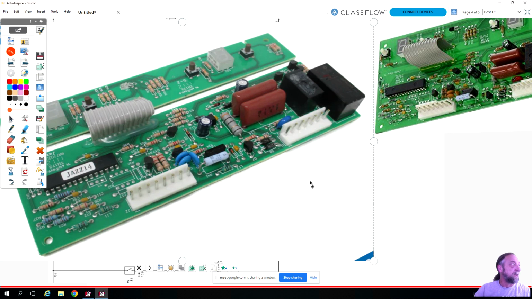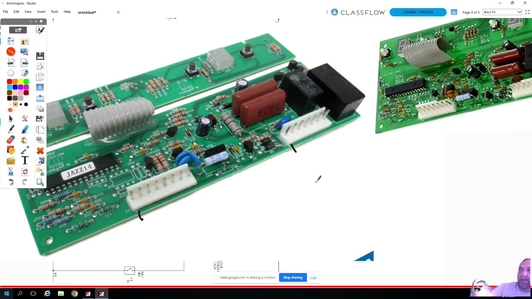If you're not familiar with it, you got an arrow right here, and you got an arrow right there. Sometimes it's a red dot. Even on computer boards, when you build a computer, they identify pin 1 on all your connectors. So you're looking for that arrow or a red dot to tell you which one is pin 1, like from left to right. So we're looking for J1 pin 1, which is this one here, and pin 6. So 2, 3, 4, 5, 6. It's not the last one, it's the next to last one.